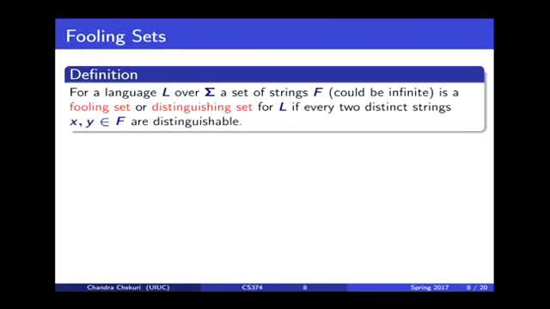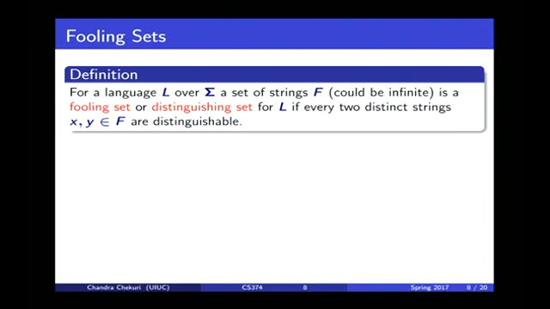So now what we want to do, like what we did in this particular language, is create what is called a fooling set for the language. To prove some language is not regular, we want to claim that if you have a finite state machine, it will get confused because I'm going to give you a big set of strings which will fool it. So, what is the definition of a fooling set? A fooling set for a language is a set of strings such that every pair is distinguishable.